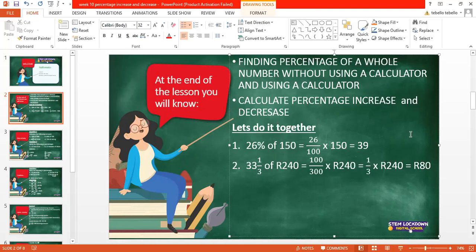That's your answer when you do it using your calculator, right? But then I want to show you the other way, a long kind of method, calculating it without using a calculator, right?